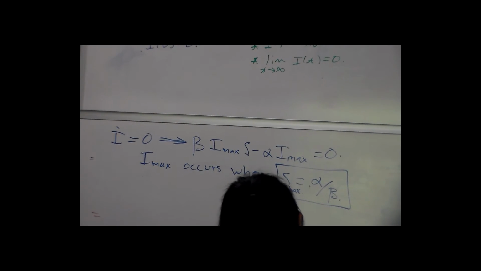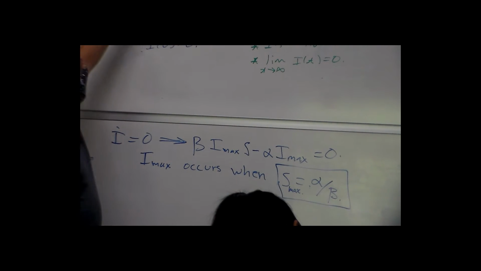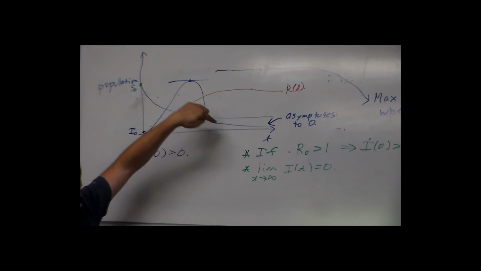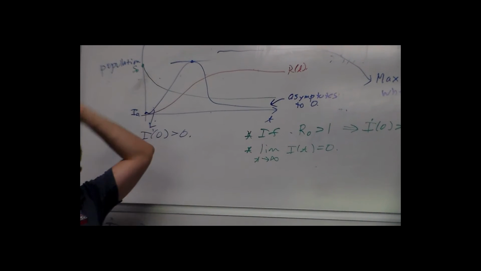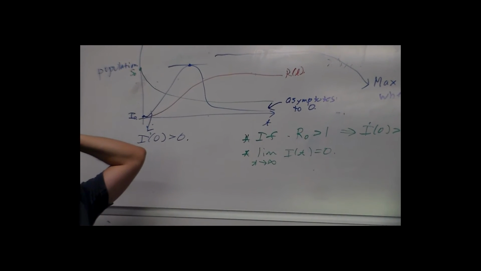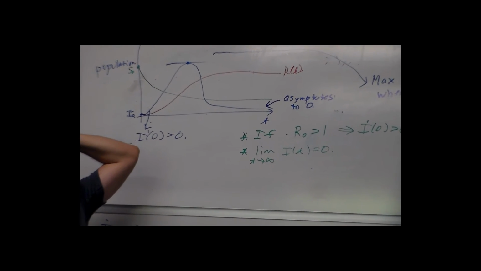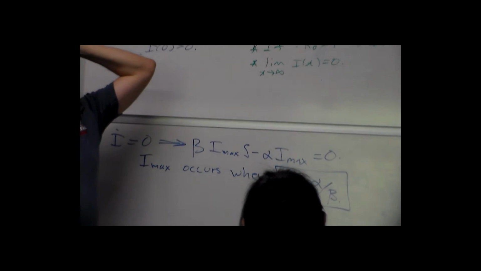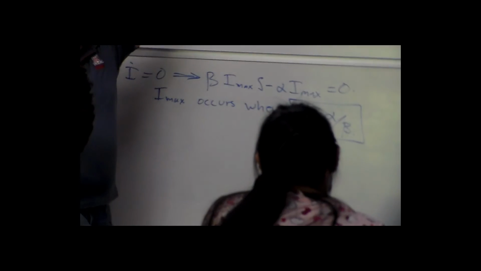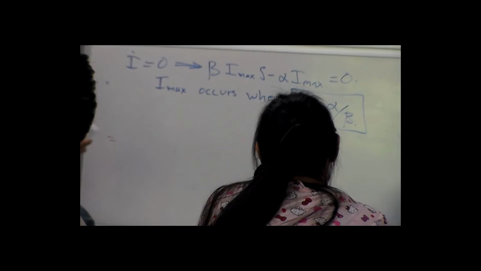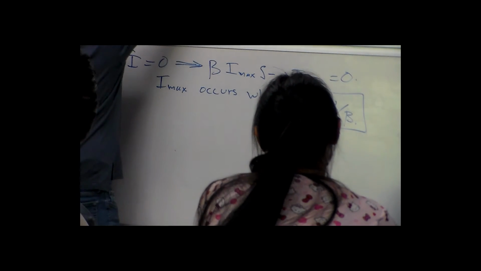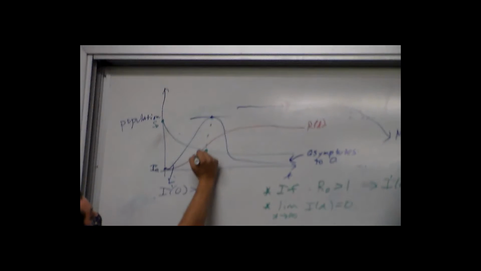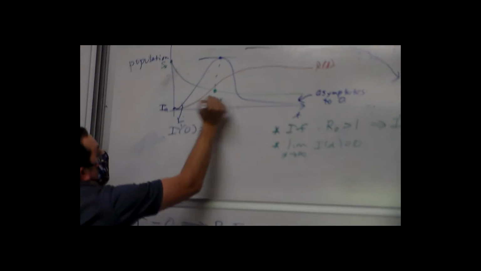Why is this helpful to proving that the I can only go up, then come back down, and never come back up again? Let's write down what we know. So on this graph, this green curve, that's where my S max is, right?